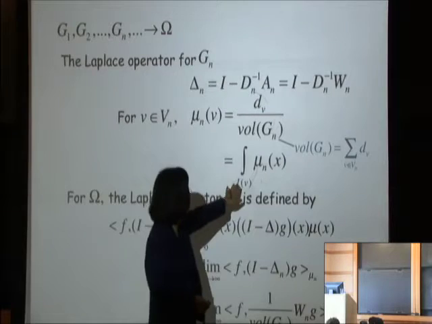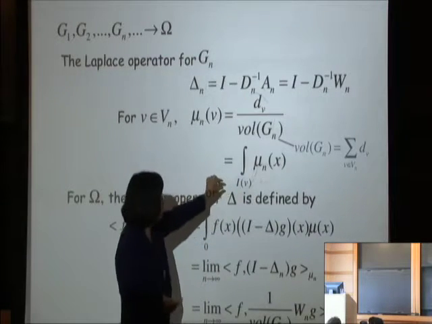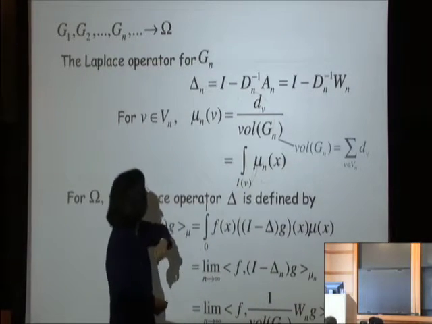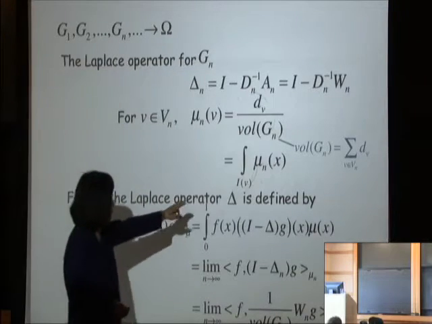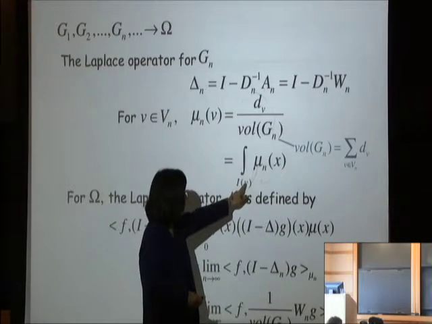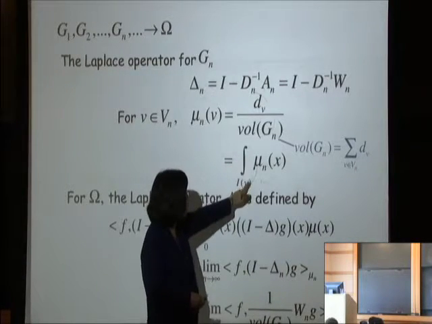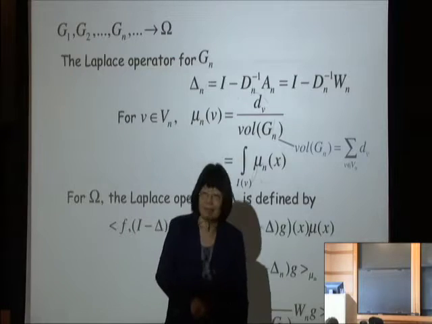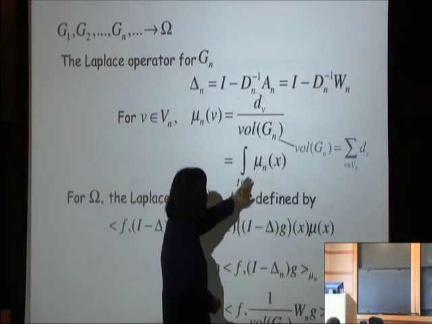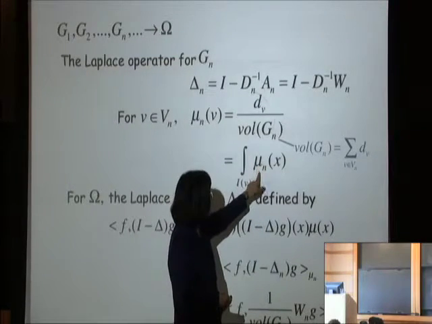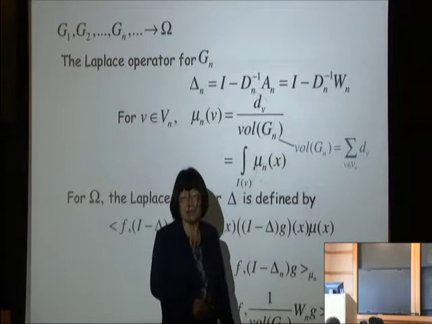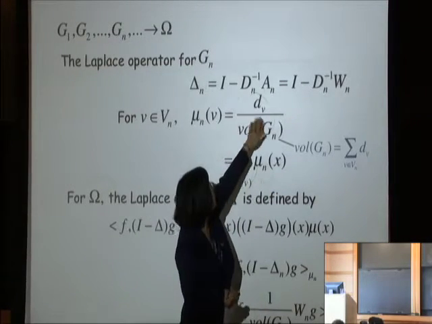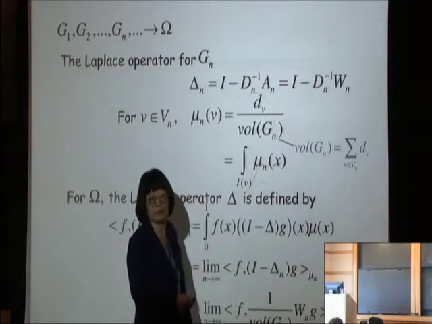Here, it's corresponding to the little interval corresponding to your vertex v. One way to think of it is, usually when you do integration, you will have a dx, right? I'm replacing that dx by this mu n, which is the measure. These sum up to 1, so it's a probability measure.